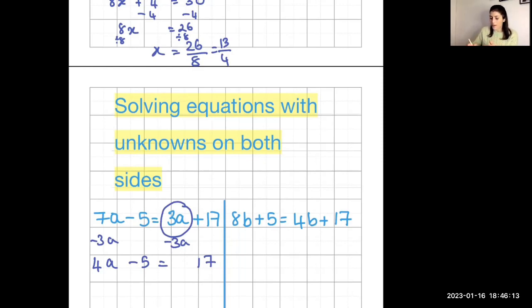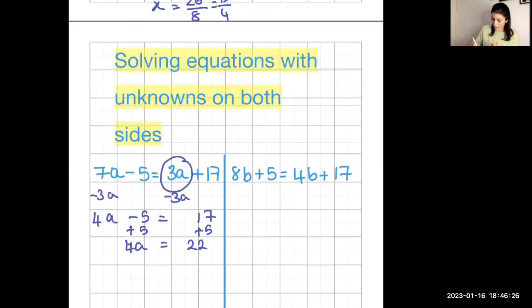Now I have similar equations like the ones we were doing before. You just have to add the 5, and you've got 4a equals 22, and then divide by the 4 to get a is equal to 22 over 4, which is just 5.5.